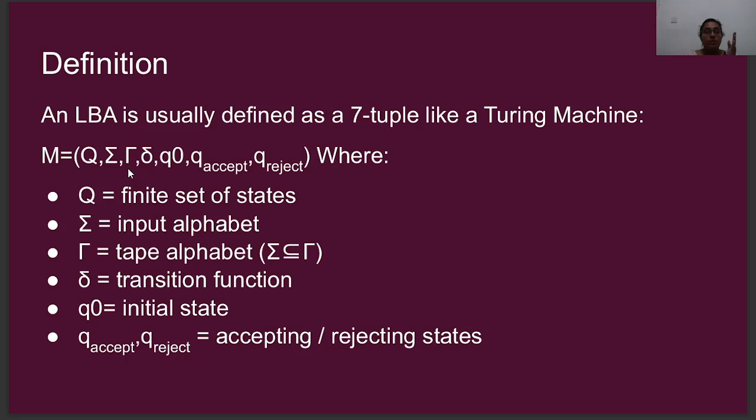Whatever your input is, Sigma will be a subset of Tau. Delta is the transition function, Q naught is the initial state, Q accept is the accepting state, and Q reject is the rejecting state. So this is how we have the 7 tuple elements in the formal definition.